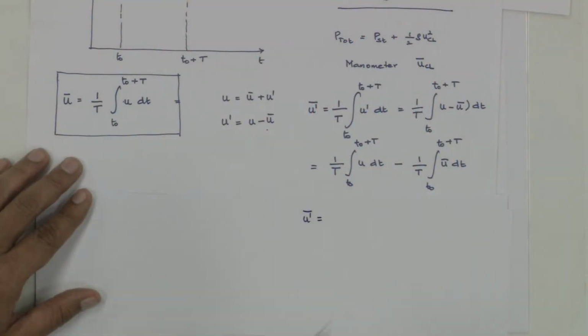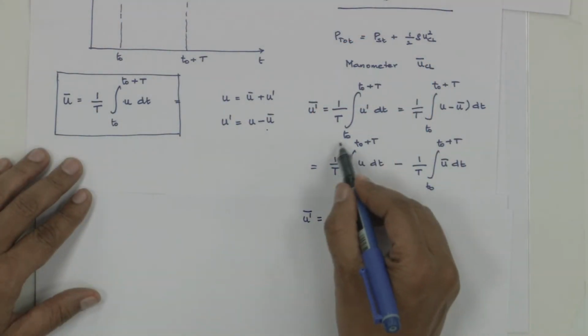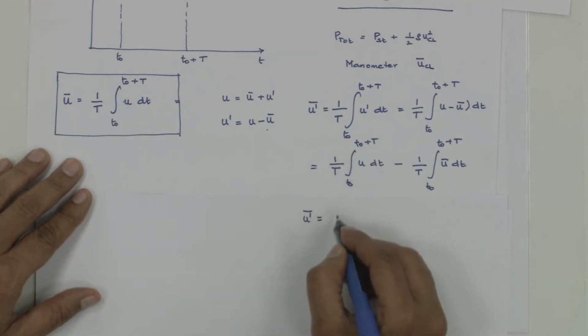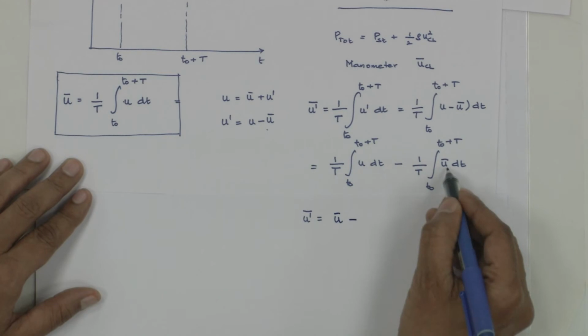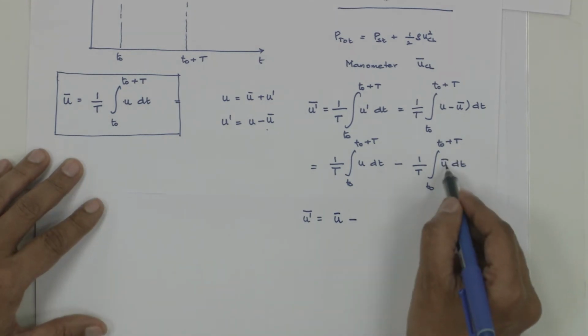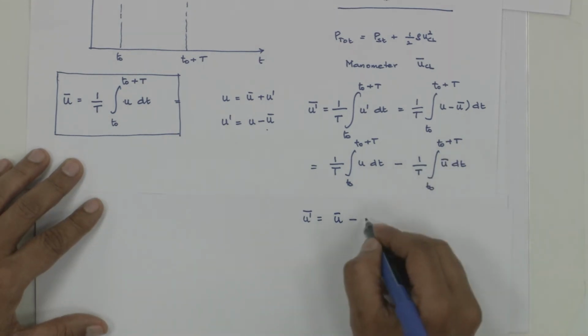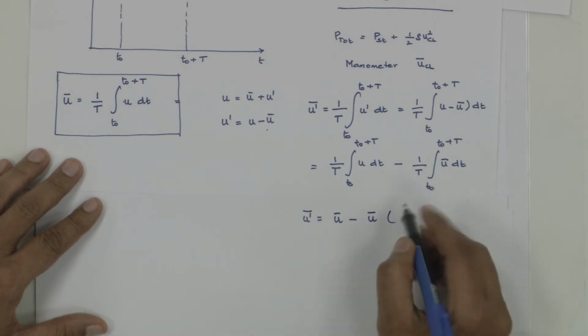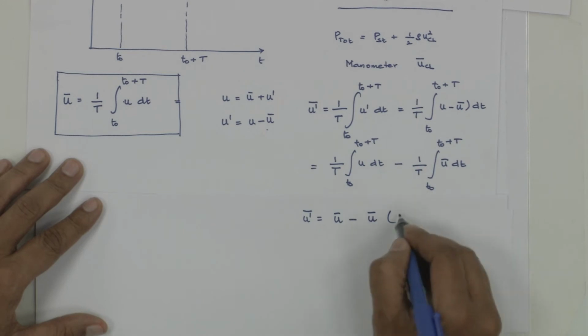U prime bar equal to, this is nothing but by definition the same as U bar, so U bar minus, if I integrate this, U bar can be taken out. So U bar into T, that is you get T by T.